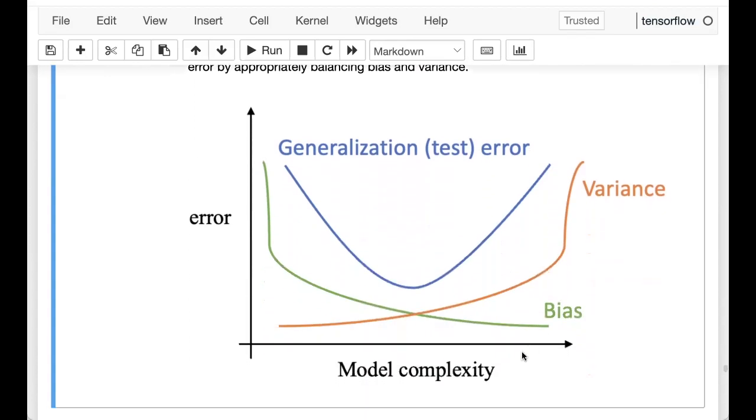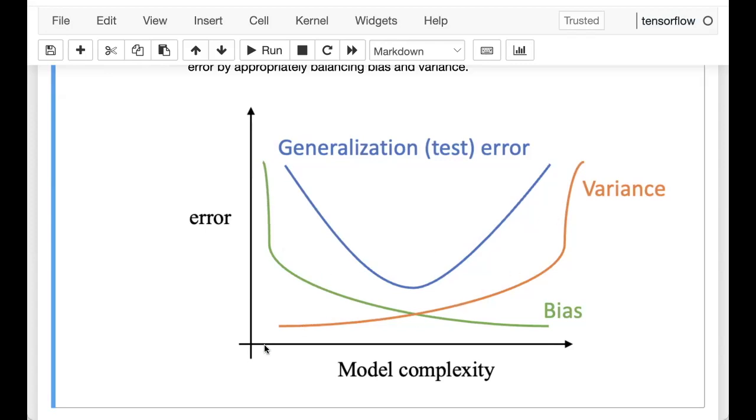And the reason for this is that as you increase model complexity, the variance on the test data can be extremely high. And since we have to add this bias and variance, so that's the idea behind bias variance decomposition, this means that the test error still goes up. Again, to recap here what we have, so we have two types of error. We have bias and variance.